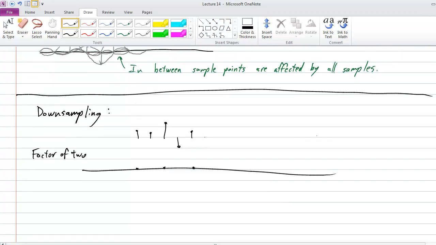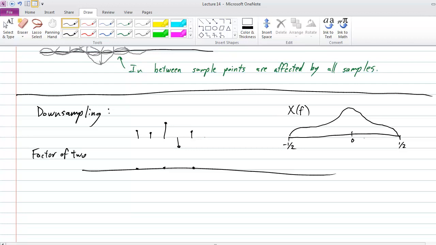So you would have a discrete time signal. We only ever look at the Fourier transform from -1/2 to 1/2 because it's periodic. So there's X(f), something like this. And you know that by downsampling, you're not going to be able to represent the entire spectrum here.